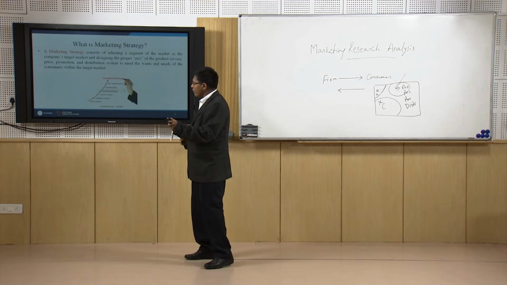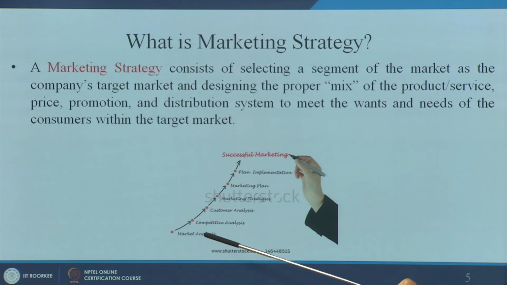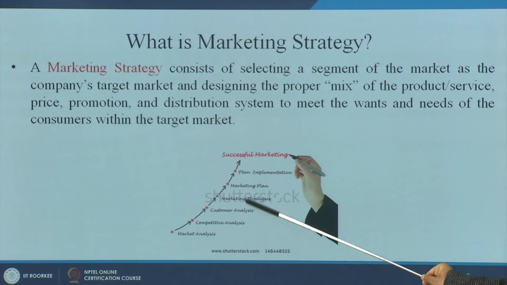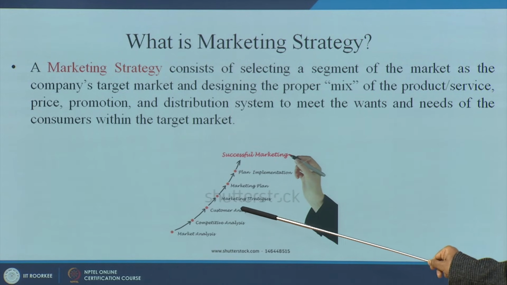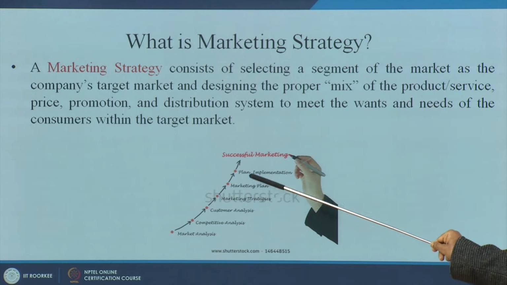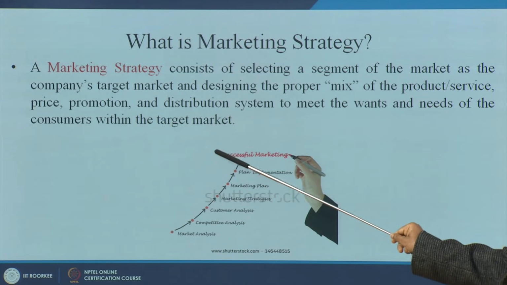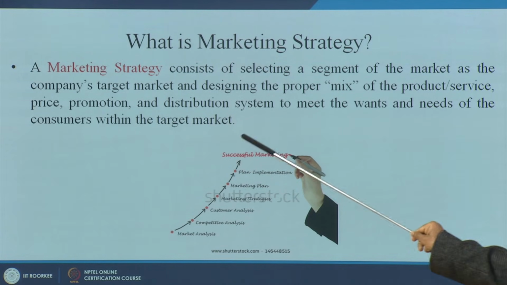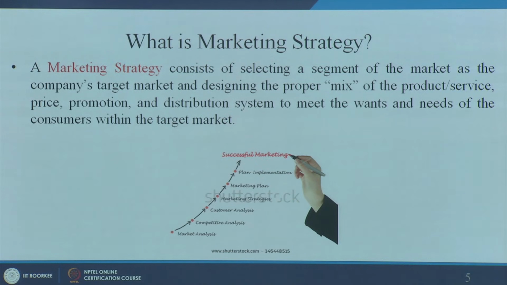How does successful marketing go? It starts with the market analysis. So, you analyze the market, look at your competitors, your consumers, your customers basically, then accordingly you move ahead to launch your plan, and that creates a successful marketing strategy altogether.